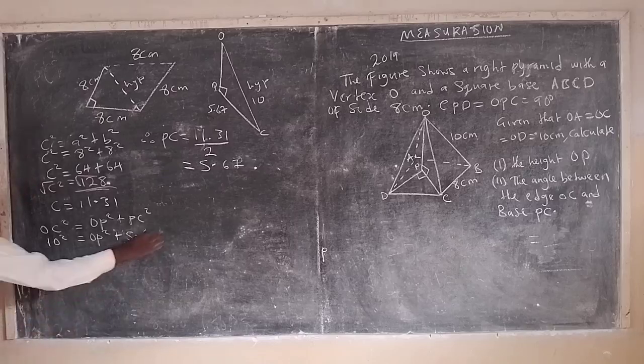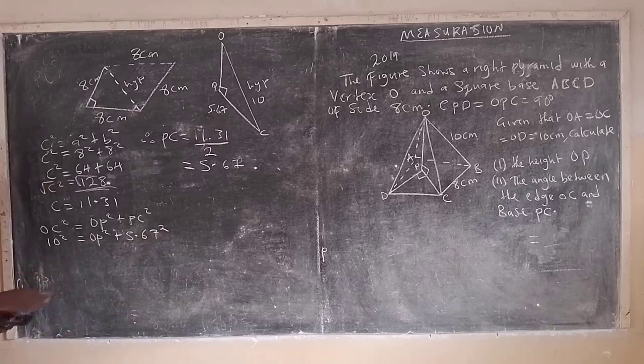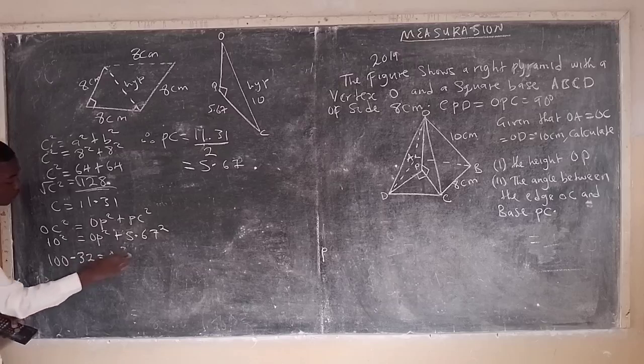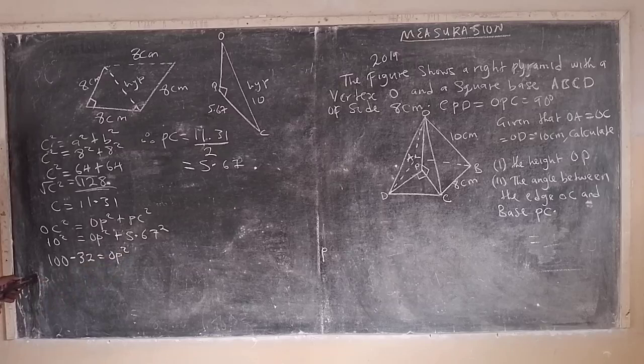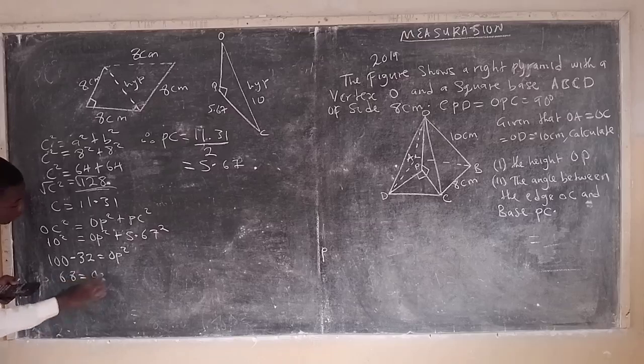which is 5.67 squared. So with that, we have 100 here, then 5.67 squared gives us 32. When this 32 moves to this side, we have 100 minus 32 equal to OP squared. So we get 68 equal to OP squared.